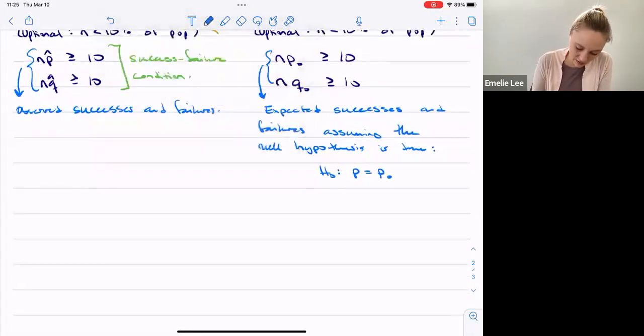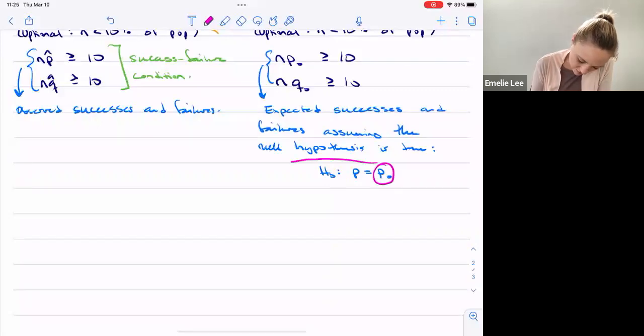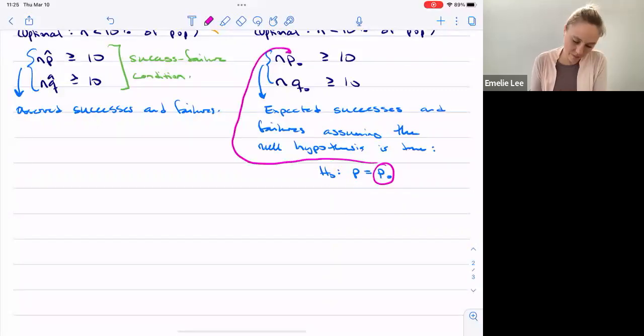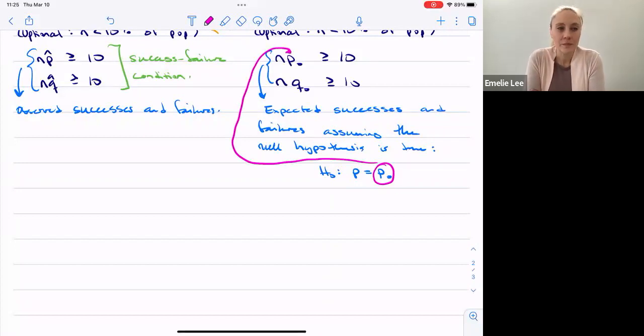And so that's where this little guy comes from, that P naught. Okay. So it's still called the success failure condition, but now we're checking the expected successes and failures instead of the observed successes and failures, right?